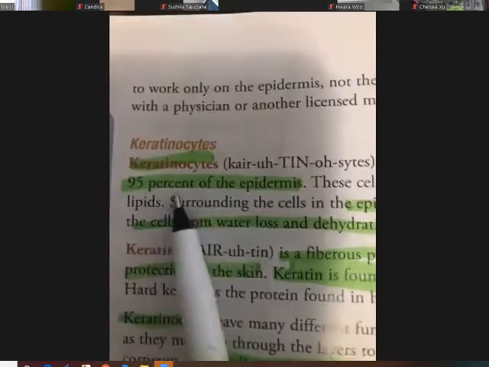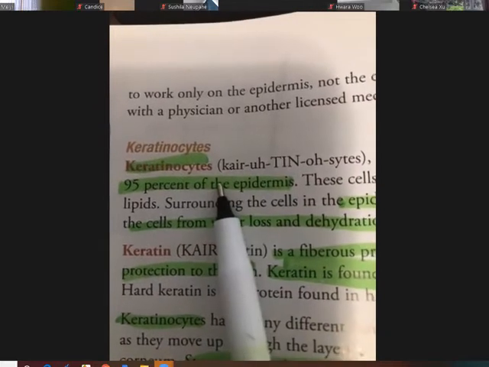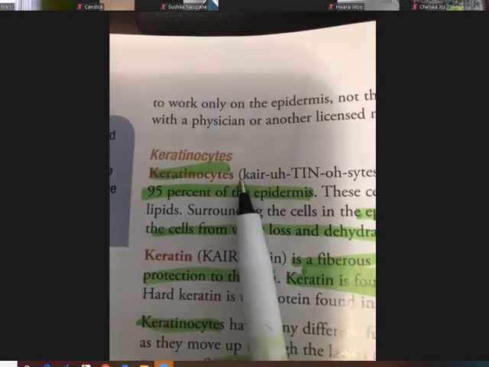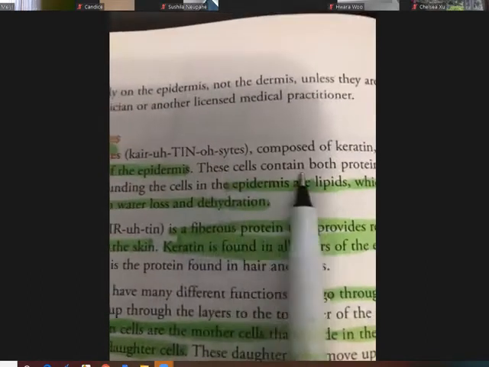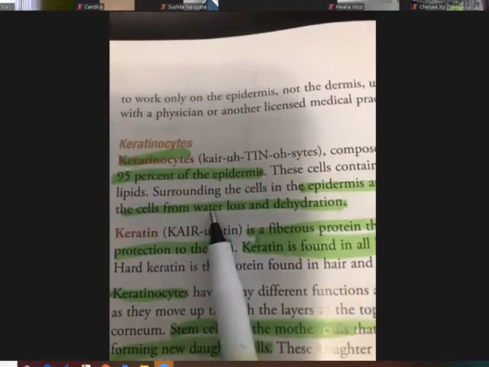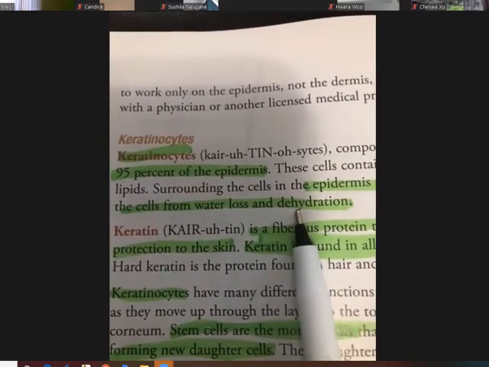Keratinocytes are 95% of your epidermis, okay, made up of a protein called keratin. These cells contain both proteins and lipids. So surrounding the cells in the epidermis are lipids which protect the cell from water loss and dehydration. Okay.